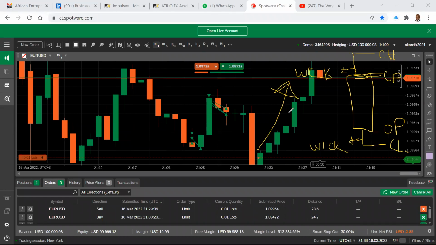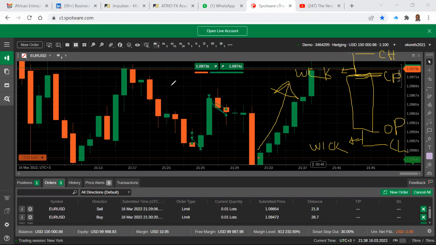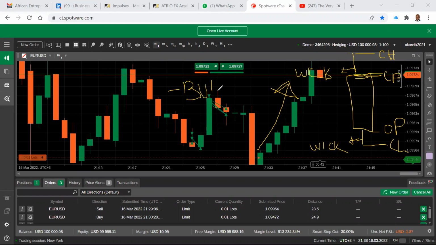Now, what does that mean? When the market is going up, it is called a bullish candle. You'll hear people say, what kind of candle is that? It's a bullish candle. And sometimes you hear people saying, I am bullish in the market, meaning I'm actually buying, I'm going up in the market.